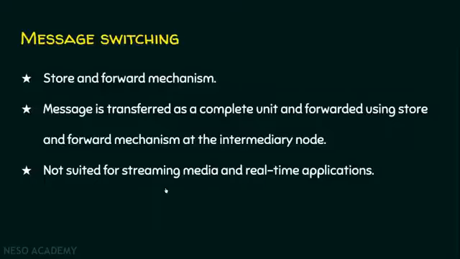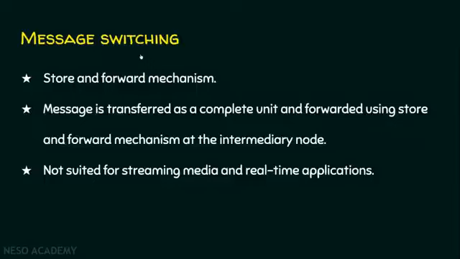Suppose the sender wants to send big data, and this big data cannot be transferred in a single stretch, so it is broken into individual pieces, and each of these pieces is transmitted to the intermediary node. This intermediary node receives all the small pieces and constructs the full message. After getting that full message or the complete unit, then only it forwards the data. This is what message switching is.